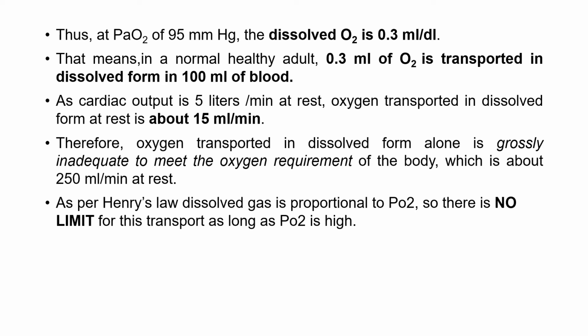So if at room temperature the partial pressure is 95 mmHg, and when we increase the partial pressure, we can increase the dissolved form of oxygen in the blood, and this is the basis of the treatment of hyperbaric oxygen we give in indoor patients or ICU patients who have difficulty in breathing, because you can't increase the limit of the other forms.